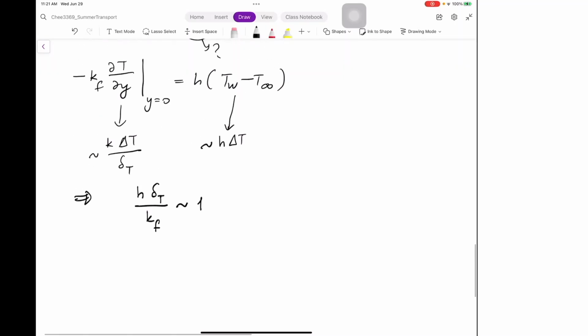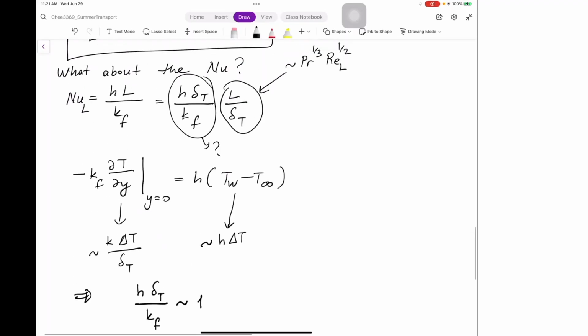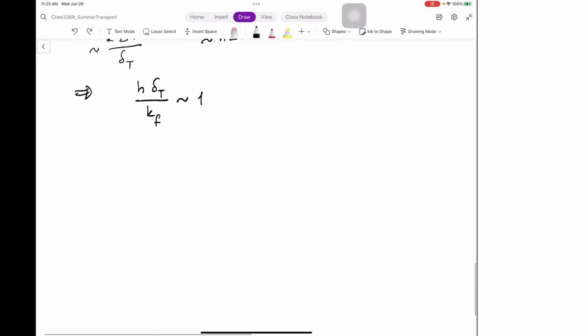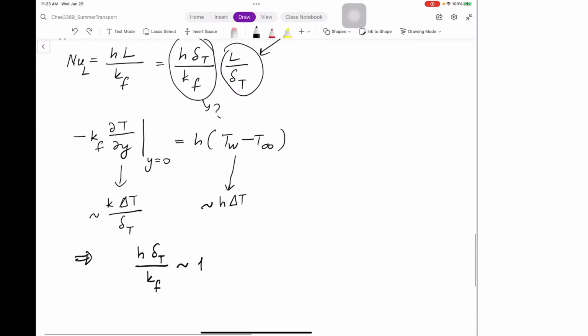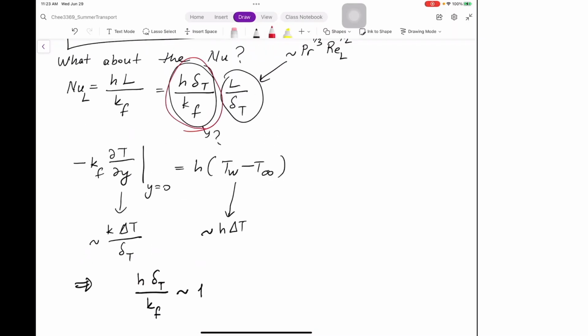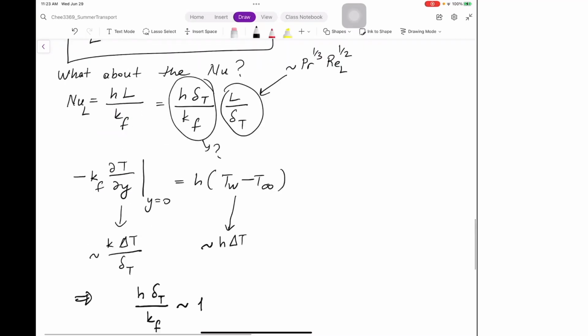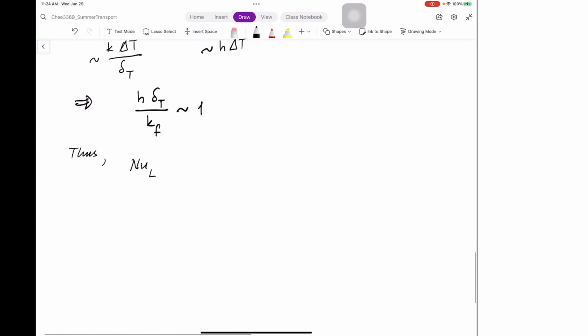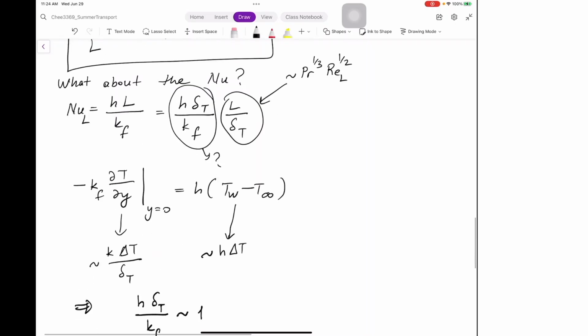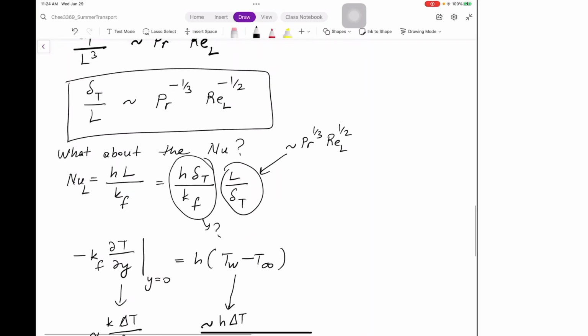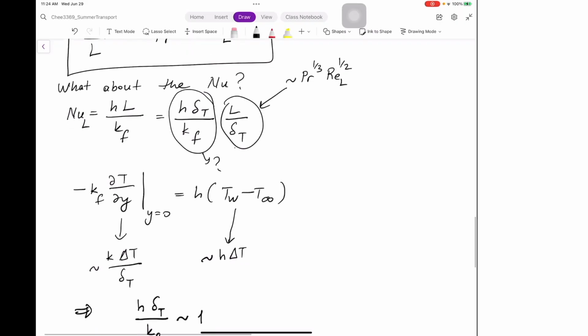Okay. Good. So, bingo. So we got this thing, right? So our Nusselt number L is going to scale with this thing, right?